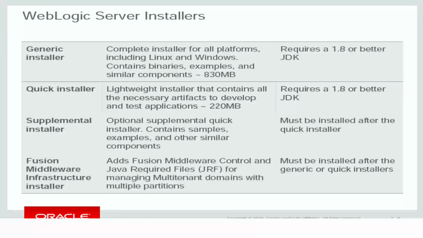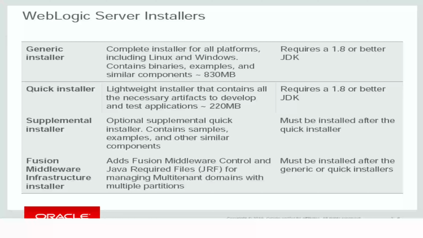The quick installer is a lightweight installer that contains all the necessary artifacts to develop and test the application, and it is basically used for development purposes. The supplemental installer is an optional supplement to the quick installer, and it contains samples, examples, and other similar components, and it must be installed after the quick installer.